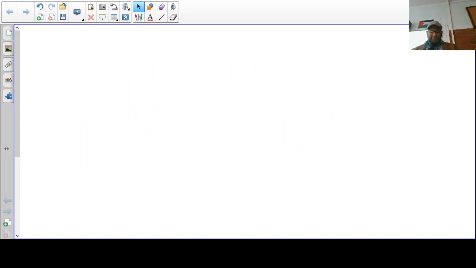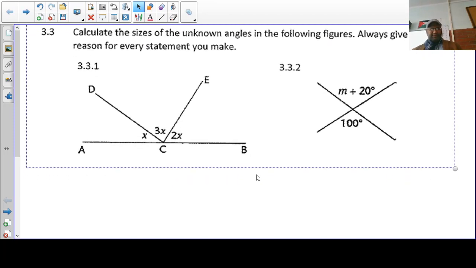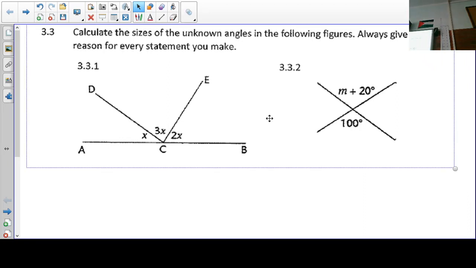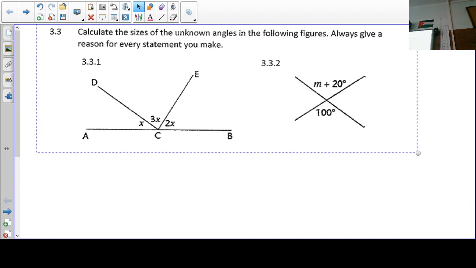Okay, let's look at the next one. 3.3. In question 3.3 we are told, calculate the size of the unknown angles in the following figures.